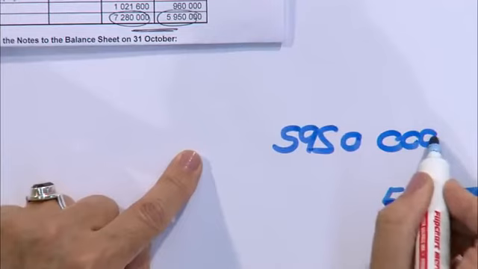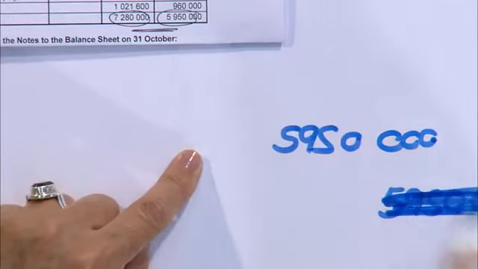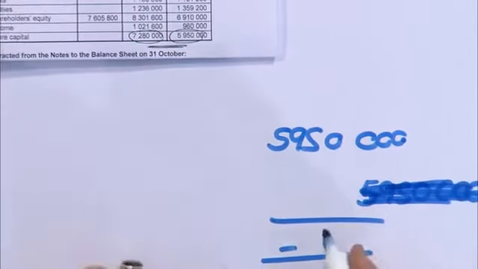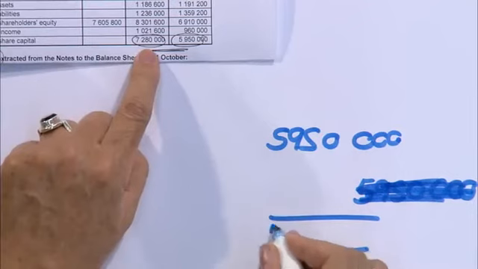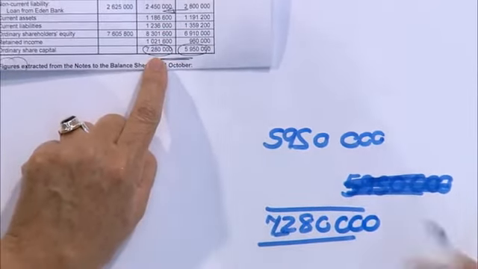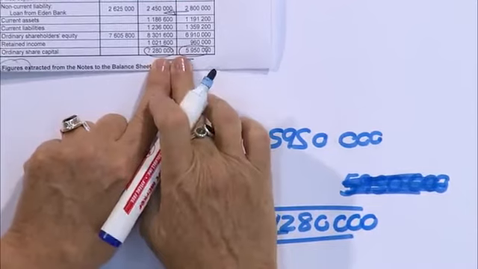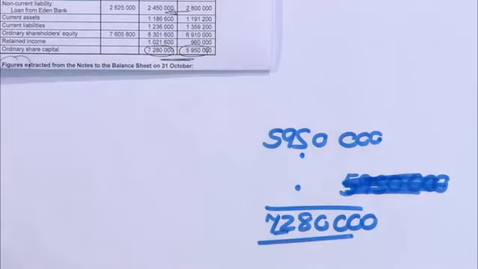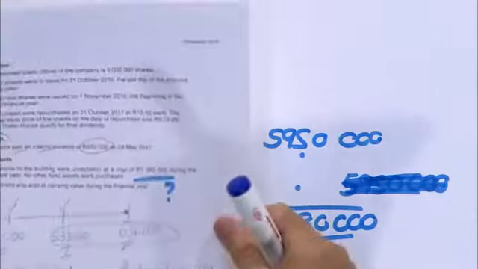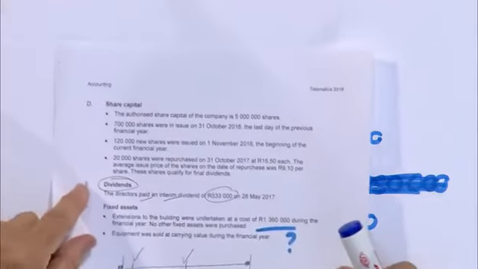5,950,000 rand is the start. And then I go here to the end. And then I see I have 7,280,000 rand here. But that's not enough information. Why am I making two dots? Because if this is my capital note, I need to go to your second page and find out what they tell you about share capital.